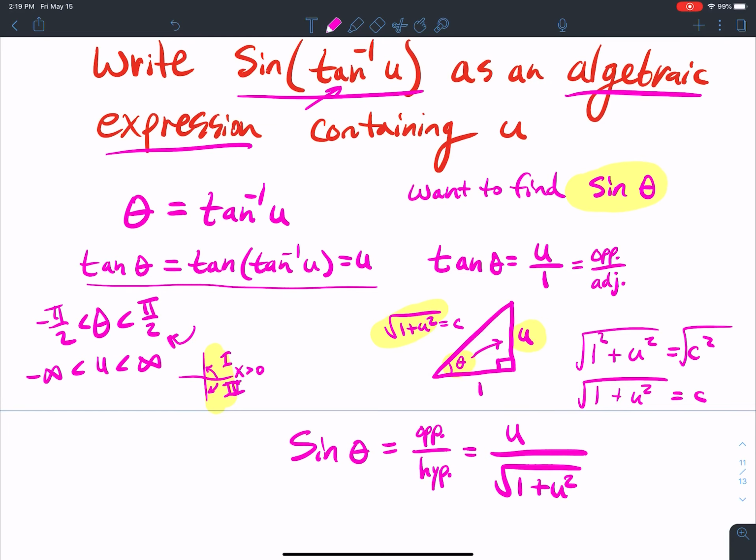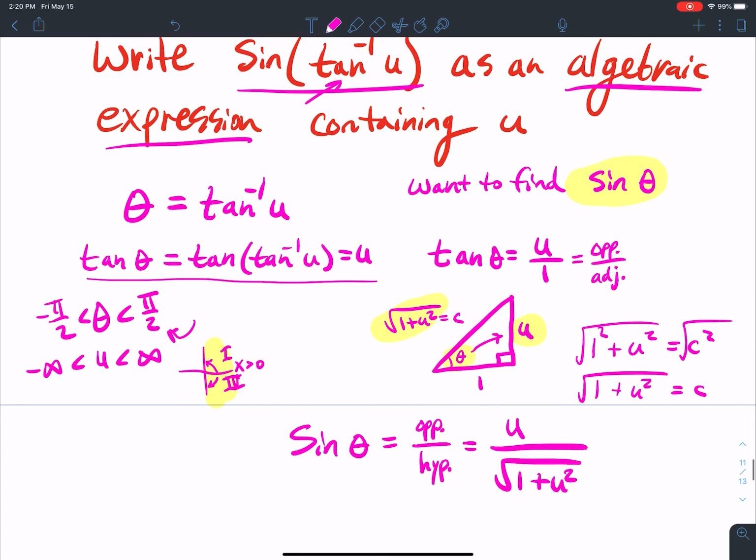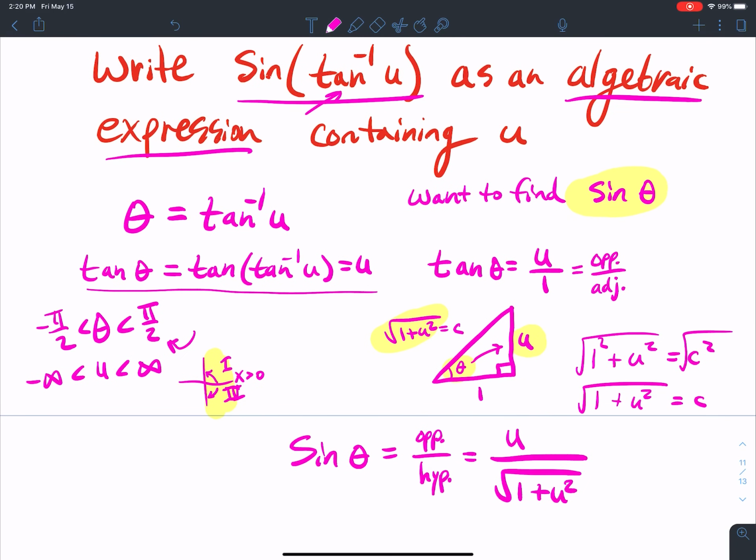Okay? And that's all there is to it. So that right there is the algebraic expression containing u.